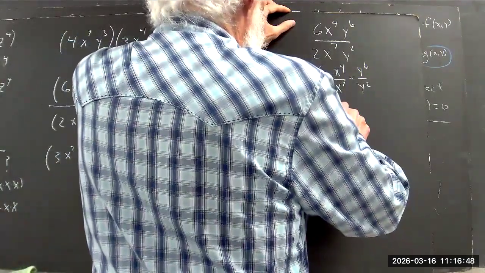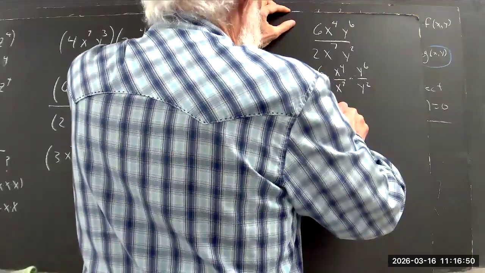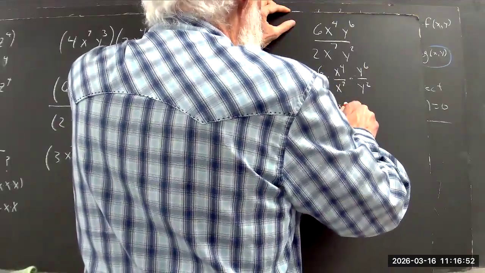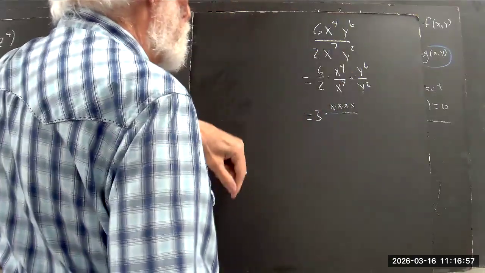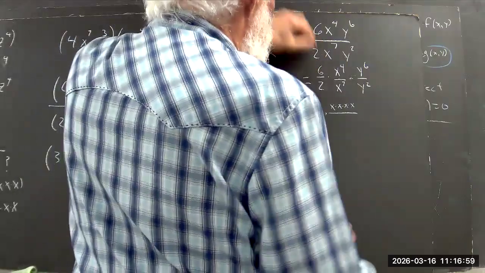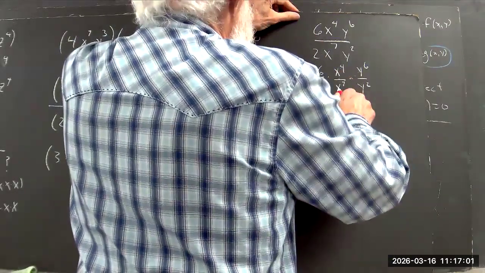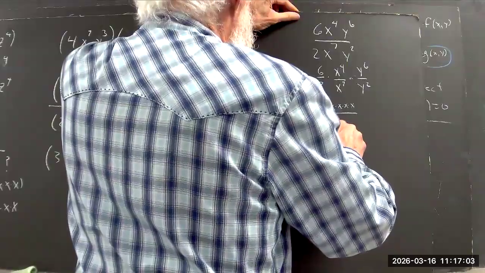Now, x to the fourth divided by x to the seventh. Well, I'm going to write the thing out. Probably should have left myself more room, but x to the fourth, there are 4 x's. That's my numerator. My denominator of x to the fourth over x to the seventh, I've got 7 x's.